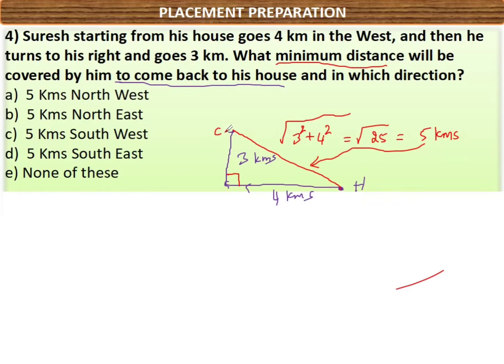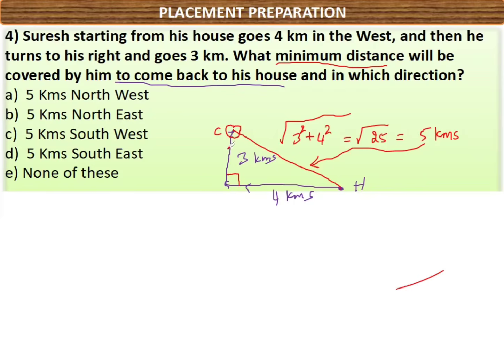So he needs to travel 5 kilometers from where? From C. 5 kilometers in which direction? Like this. Observe, upside means north, downside means south, left side means west, right side means east. Again, right side means east, downside means south.